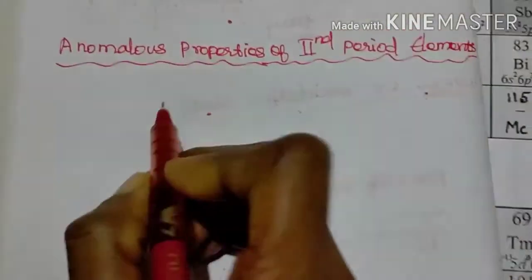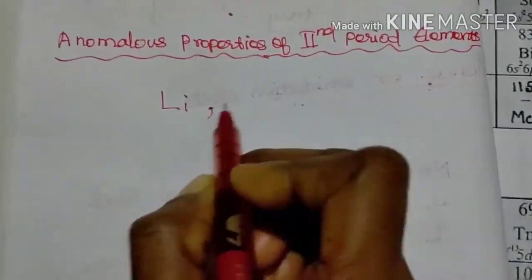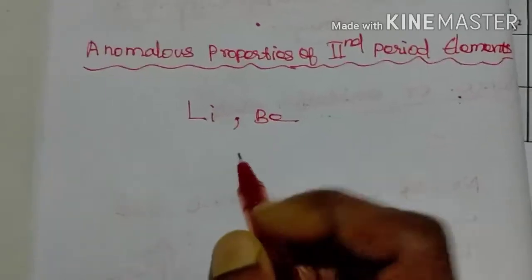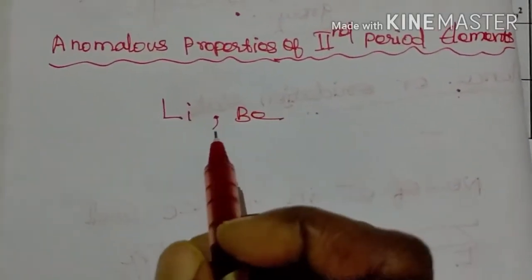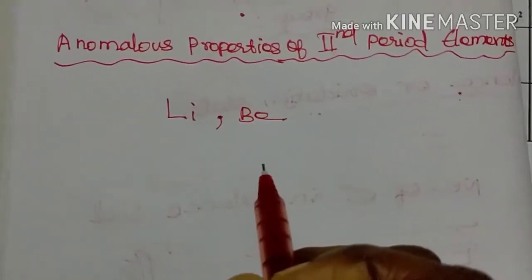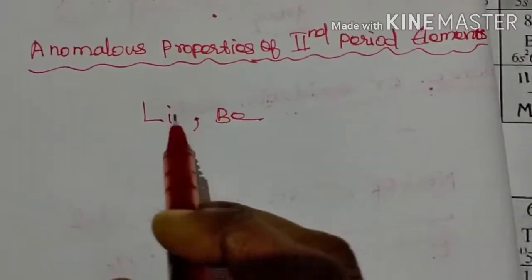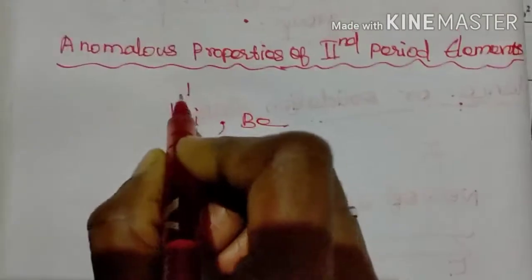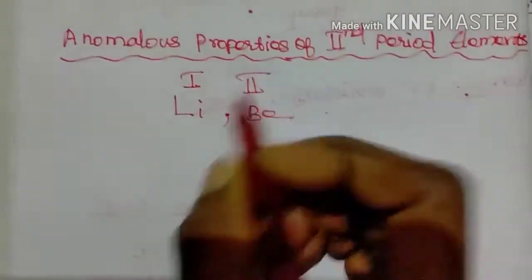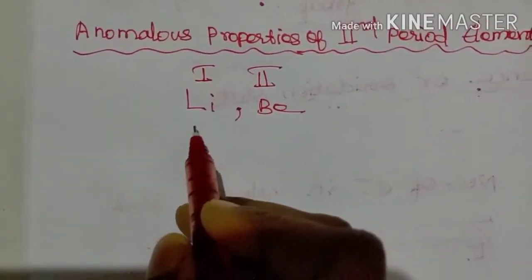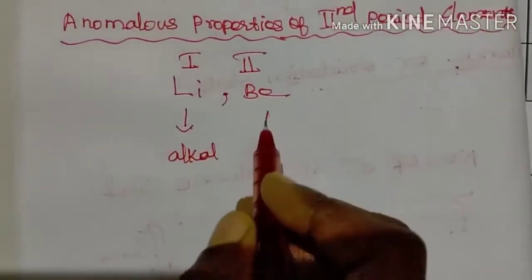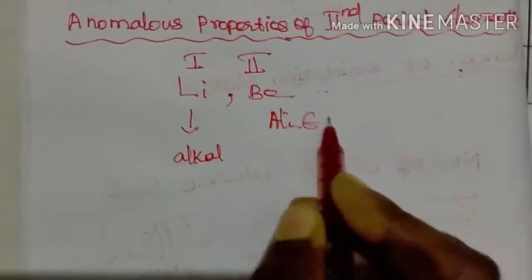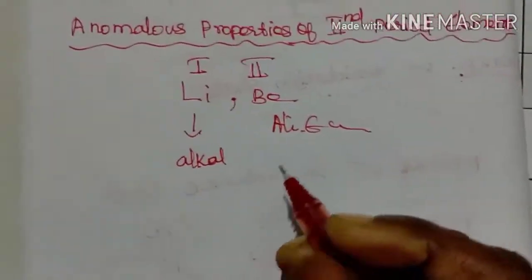For example, we can take lithium and beryllium. Both are in the second period, lithium in the first group and beryllium in the second group. Lithium is an alkali metal and beryllium is an alkaline earth metal.